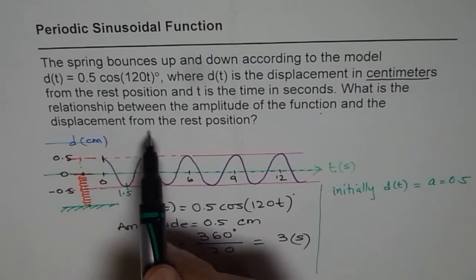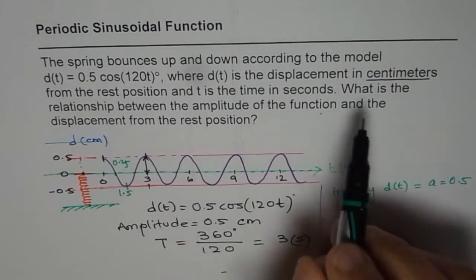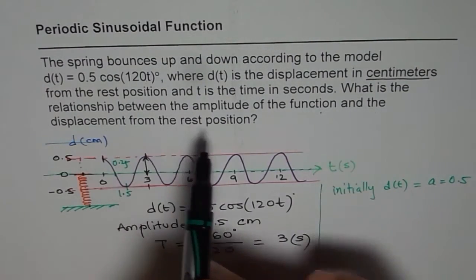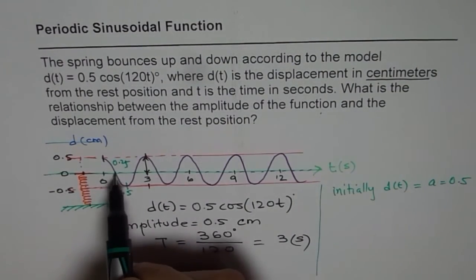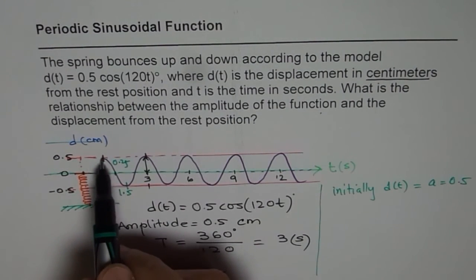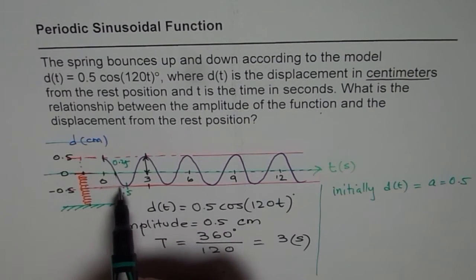So from the mean position, and this is 0.25, we are saying what is the relationship between amplitude of the function and the displacement from rest position. So displacement from the rest position decreases in the first quarter of a second. Then it goes to the other side, right? Becomes more negative.